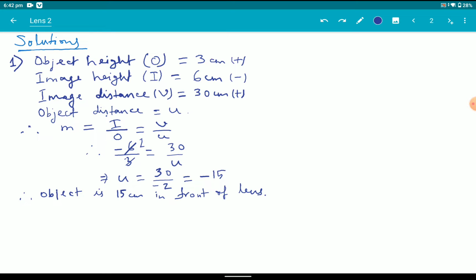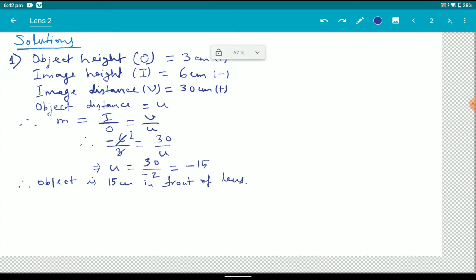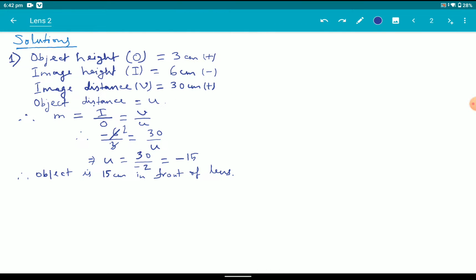So if the focal length is considered to be f, we will be doing the calculation on the right part of the solution. 1 by f will be equal to 1 by v minus 1 by u, isn't it? We have viewed this formula in theory class, 1 by v minus 1 by u.